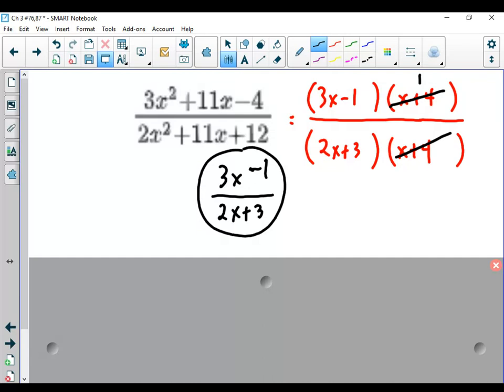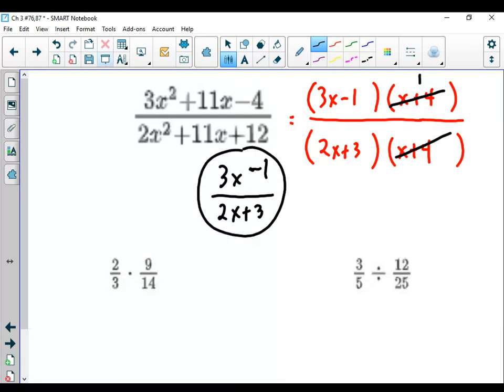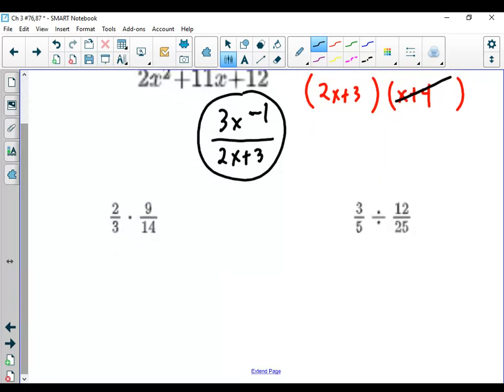Well, today we're going to take the next step. We know how to simplify things, but we're going to combine that with some multiplication and division. So before we start multiplying and dividing, let's think about how we even multiply and divide any fractions or any rational numbers.